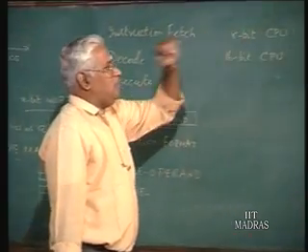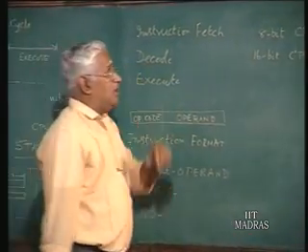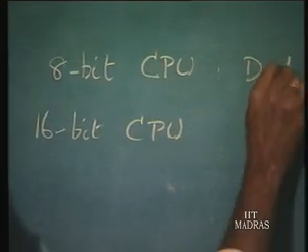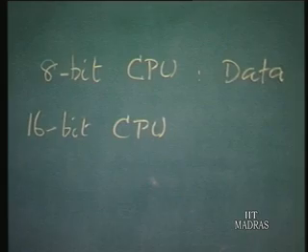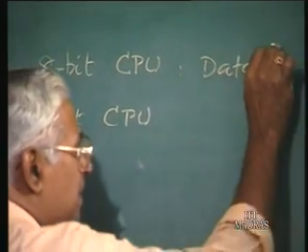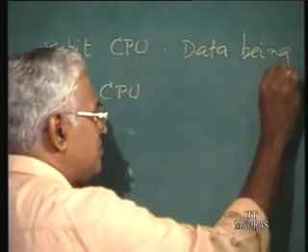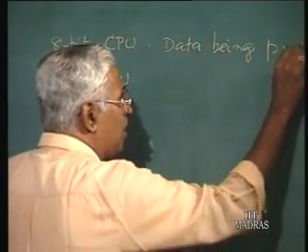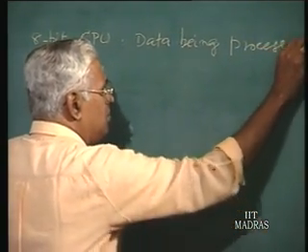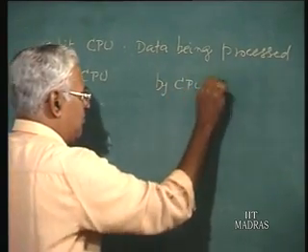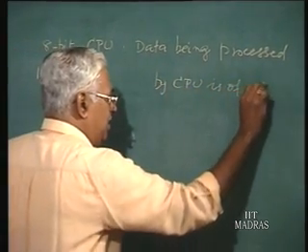An 8-bit CPU basically means the data that can be handled by the CPU is of 8-bit. That is, data being handled, I would put it as being processed by CPU is of width 8 bits.